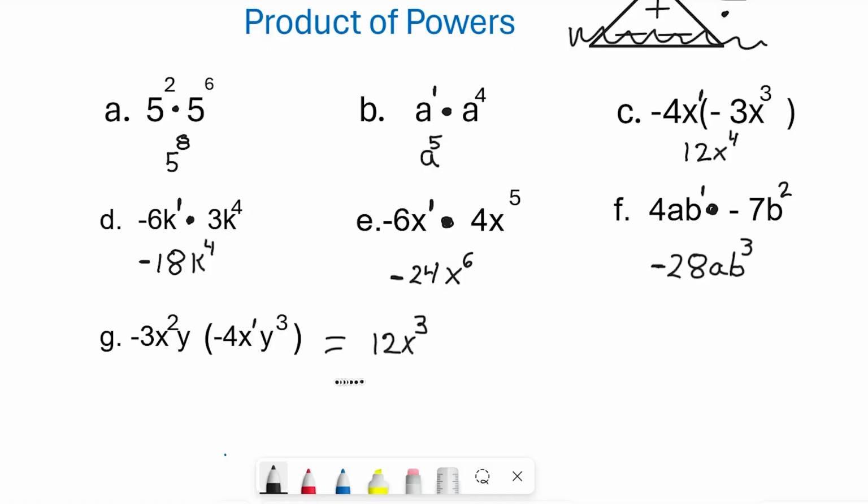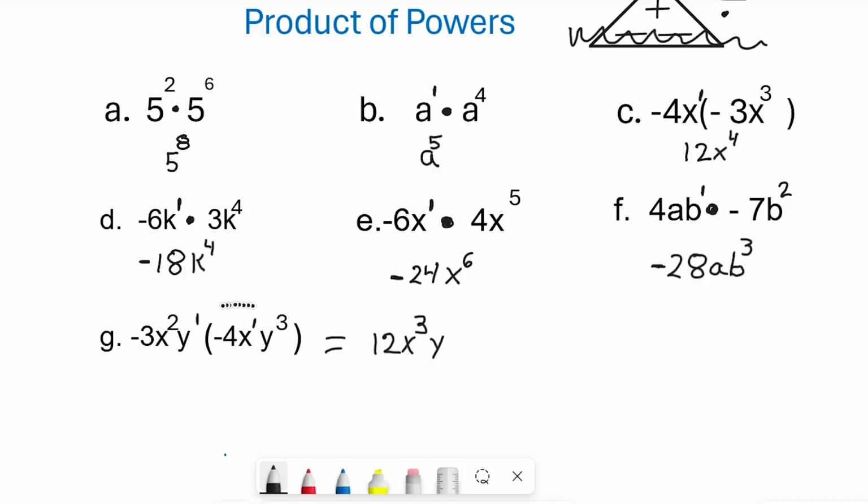And then you're gonna be multiplying y to the first. This is the exponent that we don't write, but it's gonna be here whenever we need it. That's when we're gonna write it, at least for now while you're learning this. And then this will be y to the first times y to the third power. All right? So you're gonna keep the base. Nothing will happen to the base. The base is y.